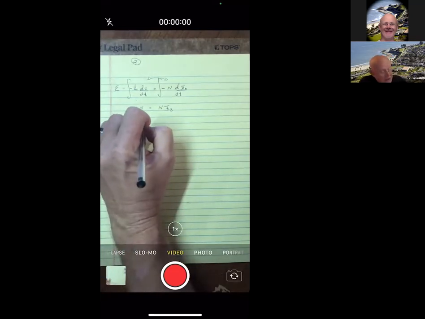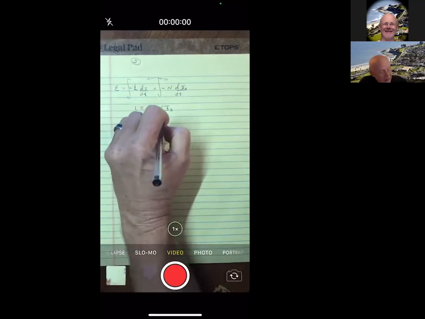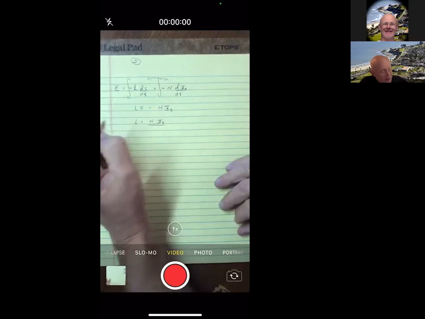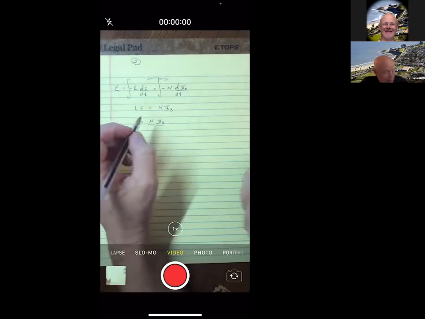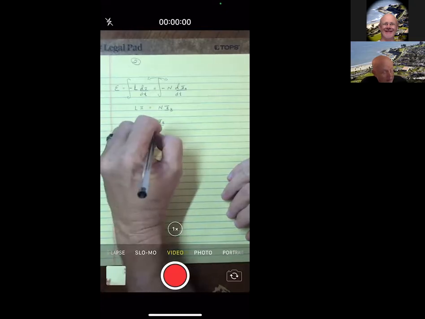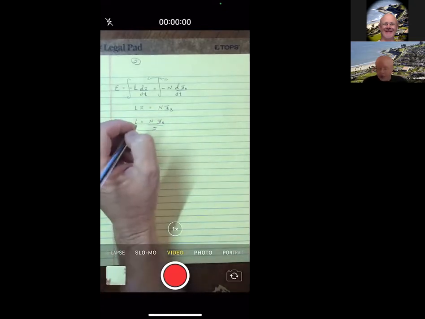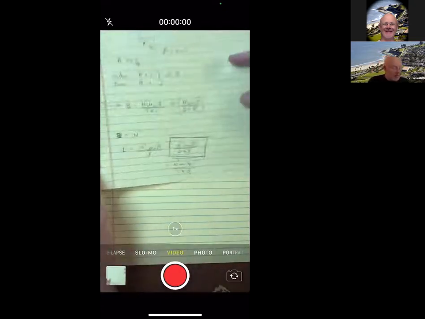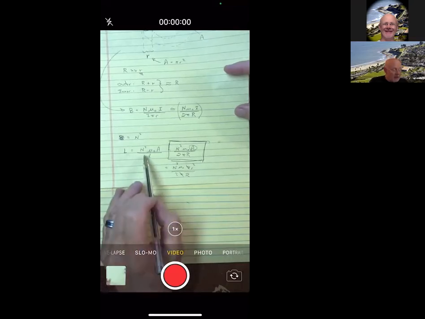What this leads to, and you'll see this quite a few times on the homework, but also in example number 1 that I was talking about in the book, is that the author kind of starts right there and says, look, here's the inductance.